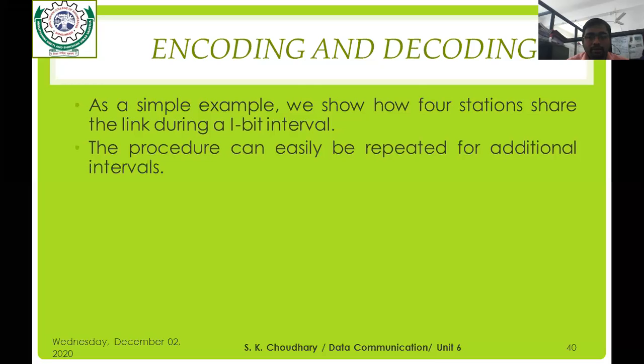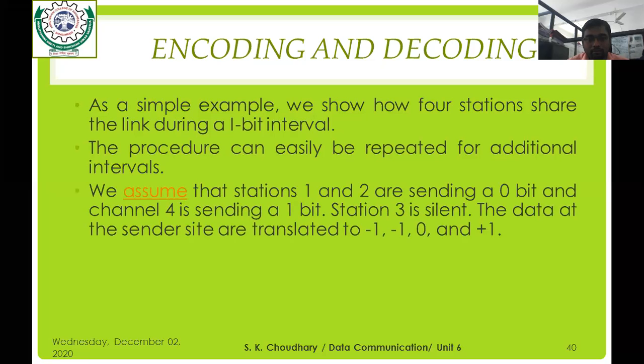For this, we take one example. Suppose there are 4 stations sharing the link during 1 bit interval, and the procedure would be repeated for the additional intervals. Here we have assumed that station 1 and station 2 are sending the 0 bit, and station 4 is sending a 1 bit, and station 3 is silent.